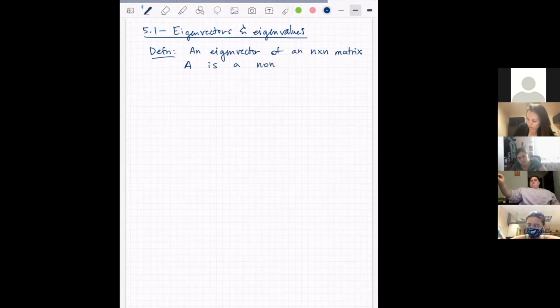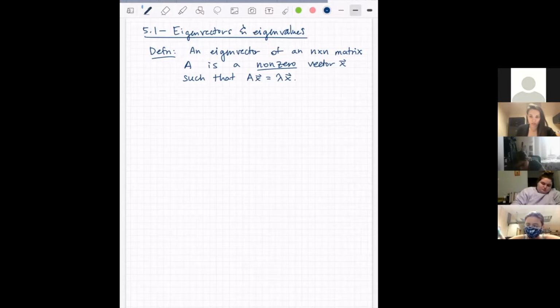So the zero vector cannot be an eigenvector. That's important. So a non-zero vector X such that A times X is equal to lambda X. Okay, so this is the definition of what it means to be an eigenvector.